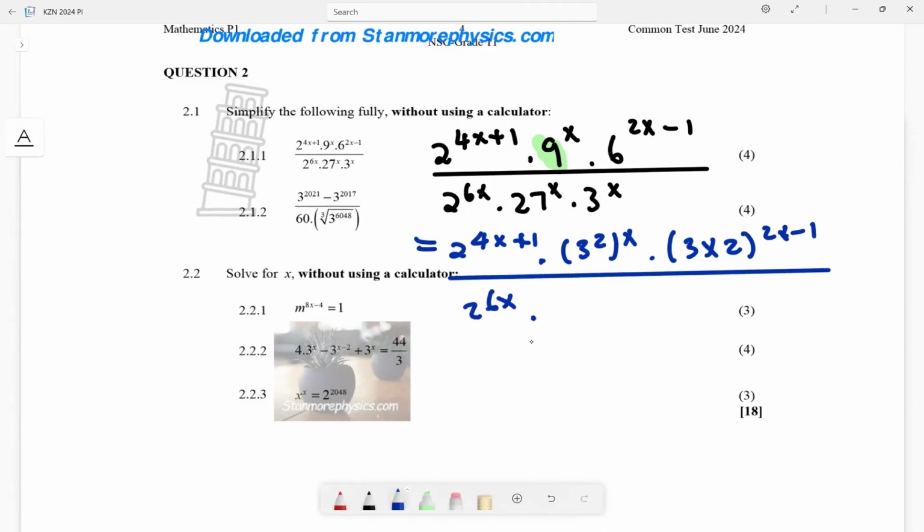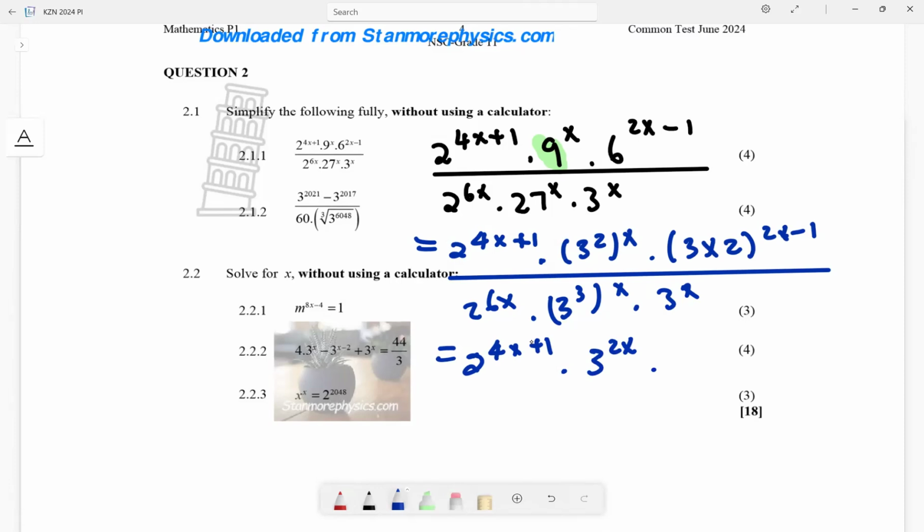Remember, I'm trying to make them in terms of 2 and 3. 27, when you do that, it is 3 to the power of 3x multiplied by 3 to the power of x. So let's simplify it a little bit. This one we leave as it is, 2 to the power of 4x plus 1, multiplied by 3 to the power of 2x.